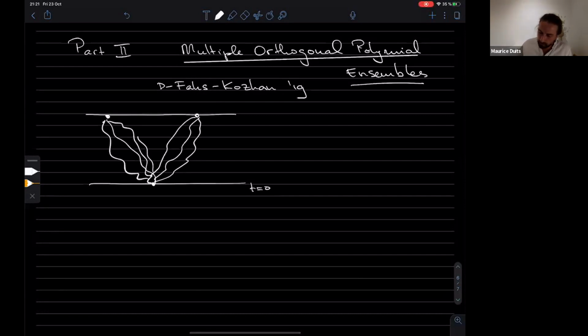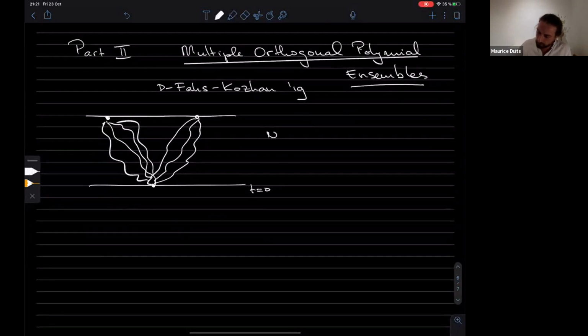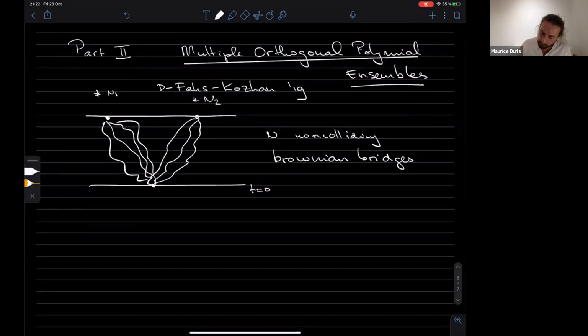So we basically have capital N non-colliding Brownian bridges, and let's say that we have capital N of them, and N1 of them end at one place and N2 of them end up somewhere else.